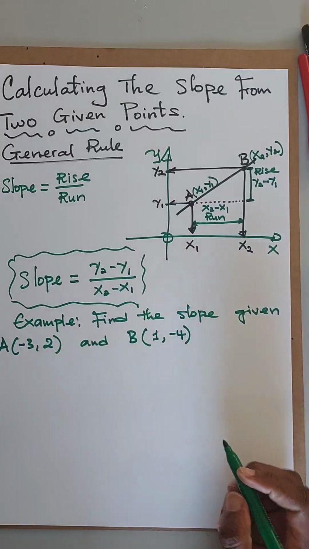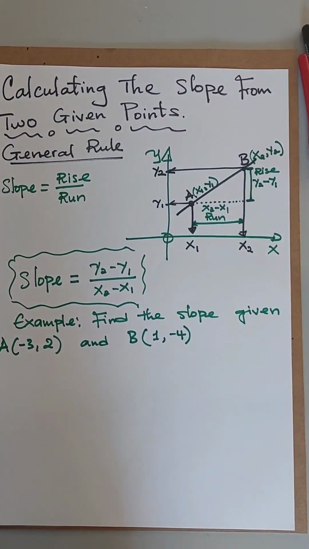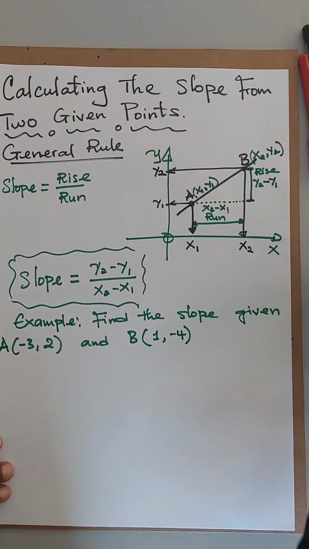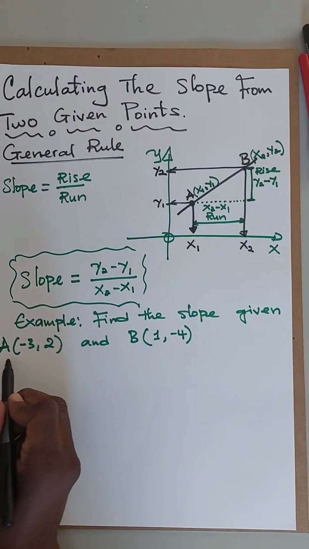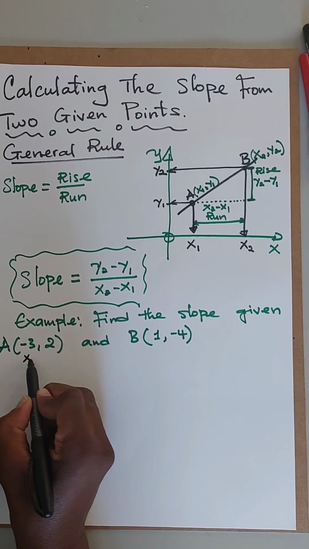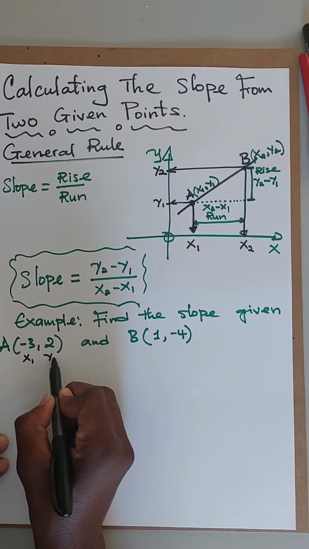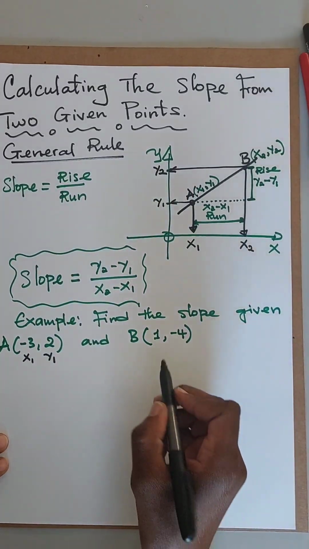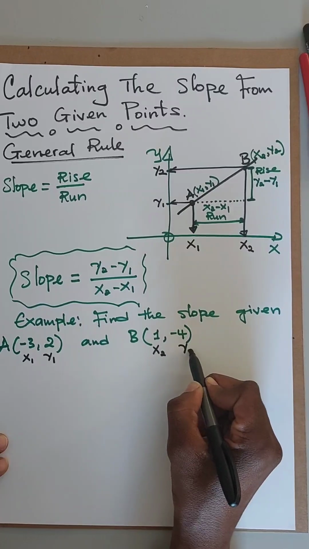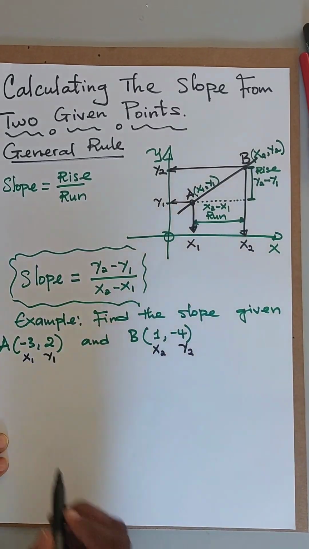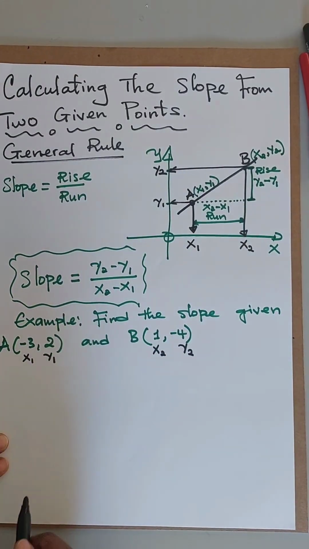Okay, so we have learned that to find the slope given 2 points, we need to label the points. So this is my A here. I go to this point and label x1, y1 to stay organized. I go to my B point here and label x2, y2.